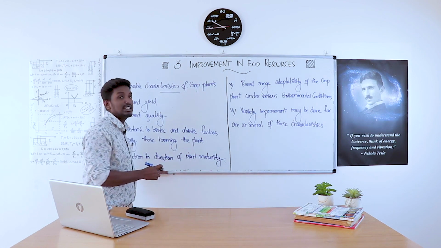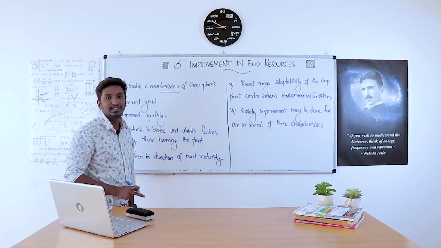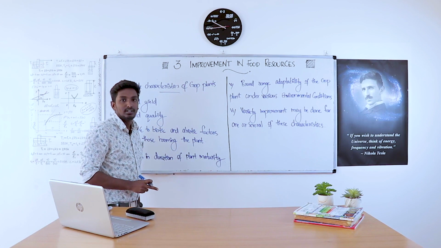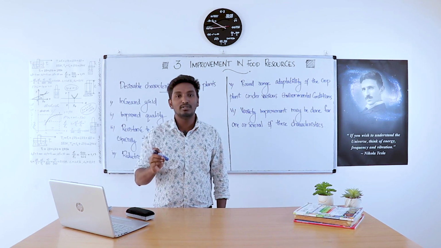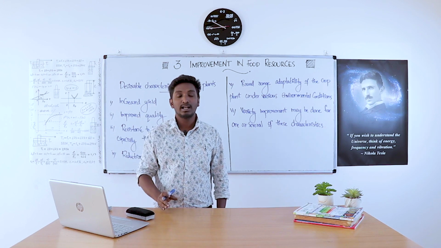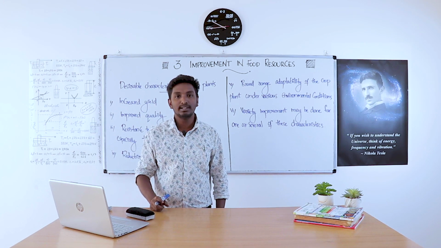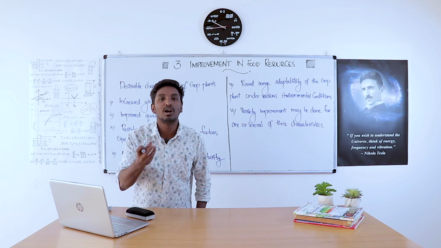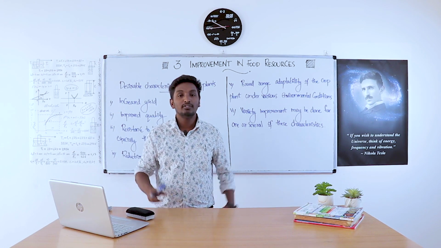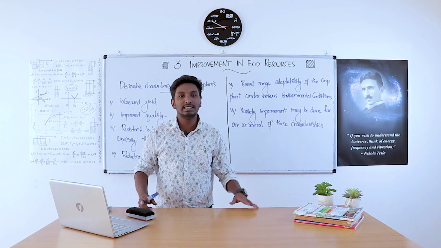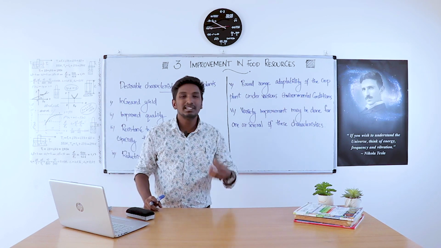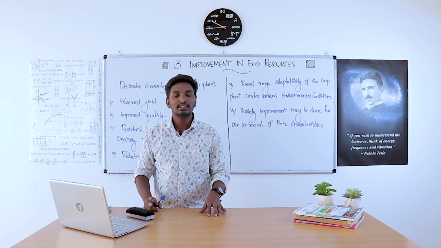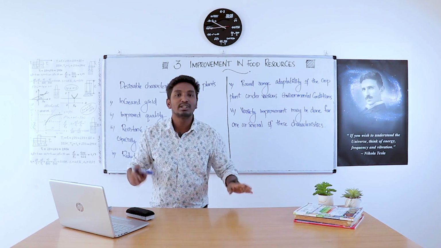The second one is improved quality. We are not just running towards high productivity, but the product should have quality. If we are getting lots and lots of products, the yield is very, very high, but the quality is very low, then people will not accept it.